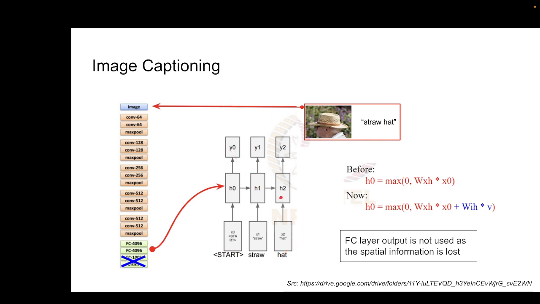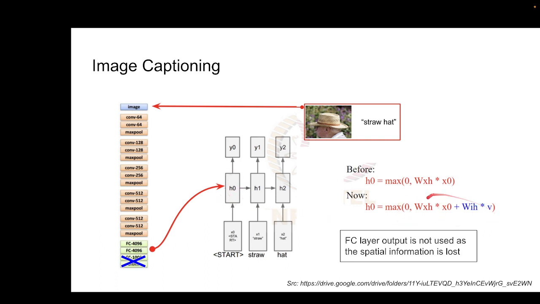This is how the training would go on, with cross entropy losses on top of this. But here, because there is an image involved, we take the vector generated at the output of the CNN or CNN plus FC, and then pass that on to the initial hidden state, right.